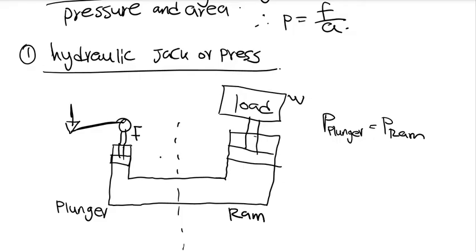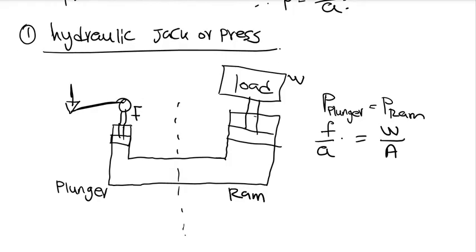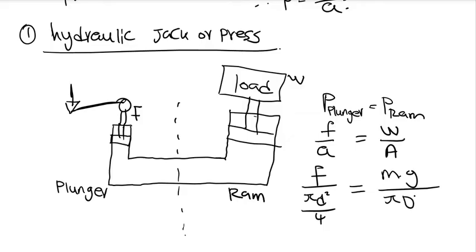So we simply say it is force over small letter A, because we have a smaller diameter this side, equals W over A. Take it further, F over pi d squared over 4 equals, what is W? It is mass times gravity divided by pi capital D squared over 4.